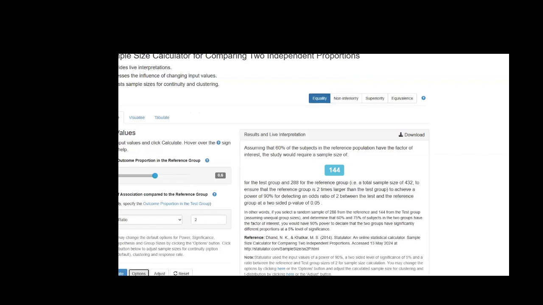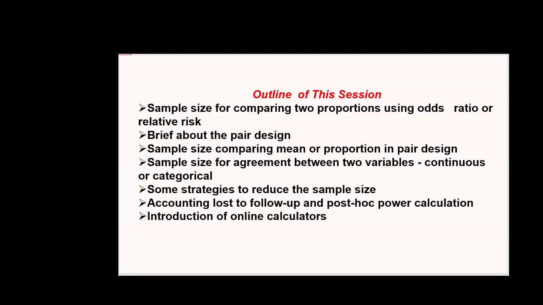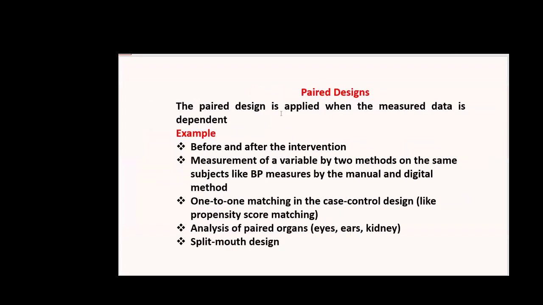Now again we go to the pair design. What is the meaning of pair design here? There are different conditions where we use a pair design. For example, before and after intervention. You are taking one group.